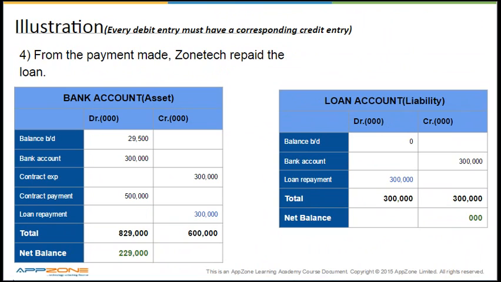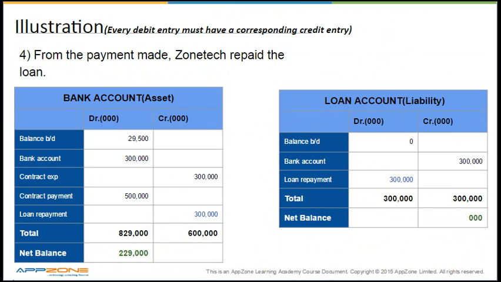Remember, at the time when this loan was given to Zonetech and we created this account, 300 million was credited to this account, indicating that our bank account received from our loan account the sum of 300 million, and now our bank account needs to pay that money back because it is a liability.